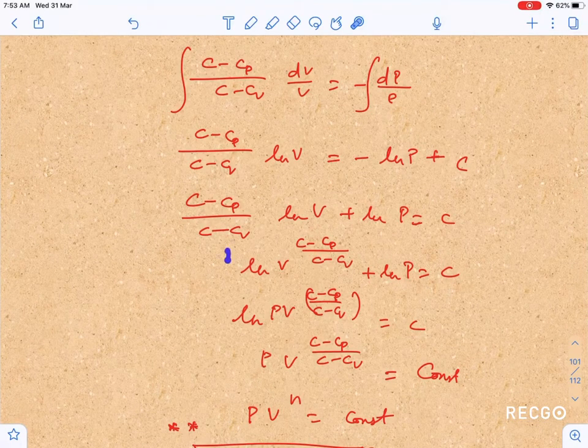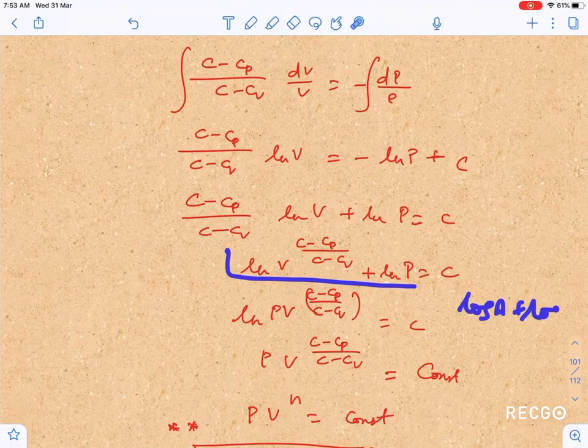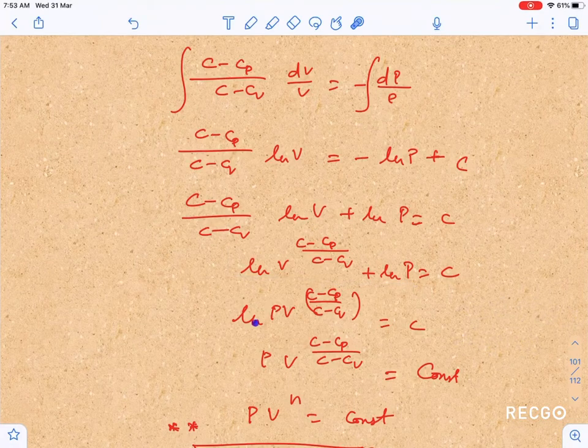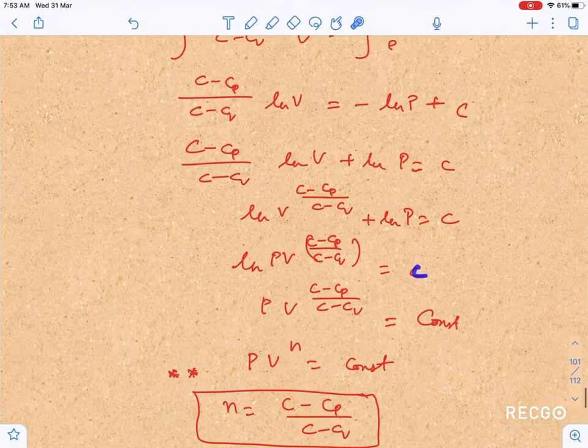Now guys, property of log again says that log a plus log b is nothing but log of a into b. So I have written this as ln of PV, the product PV, to the power (C minus CP) upon (C minus CV), is equal to some constant.